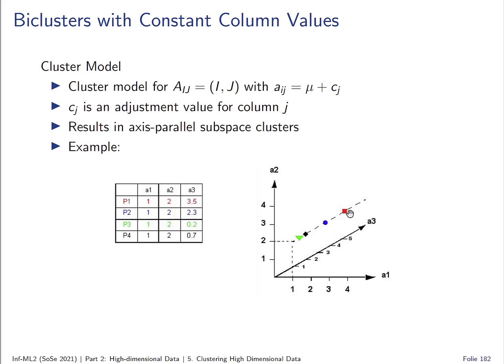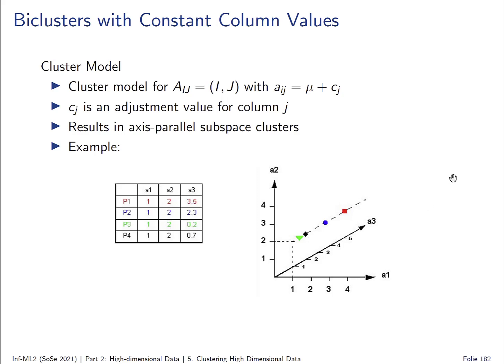So we have these 4 points, and if we project that on the plane A1, A2, all those points are exactly on the same location, which is a perfect axis parallel subspace cluster probably. And again, we could allow for a little bit of variation, a little bit of jitter among the points, but this is the basic cluster model.